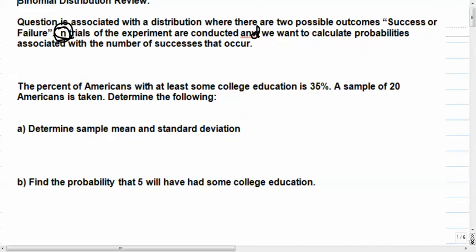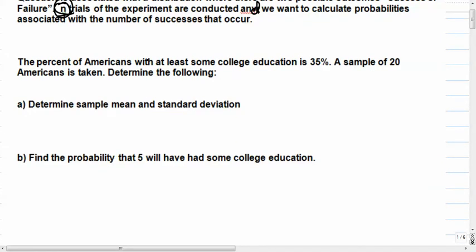So here's an example of a binomial distribution. The percent of Americans with at least some college education is 35%. A sample of 20 Americans is taken, and you're trying to determine the following. Determine the sample mean and standard deviation. So, first off, either they have at least some college education or they don't. One of two things.